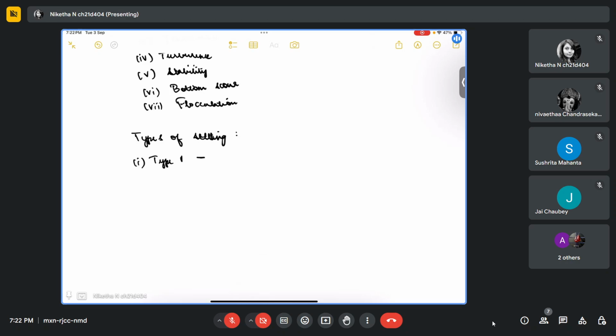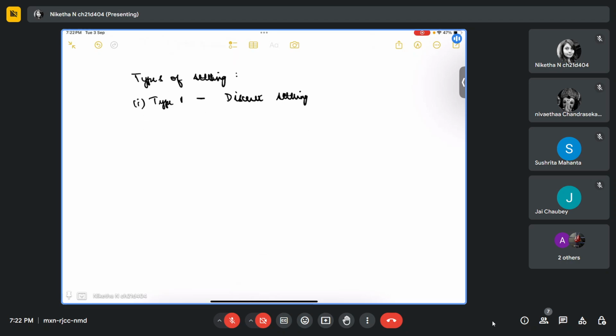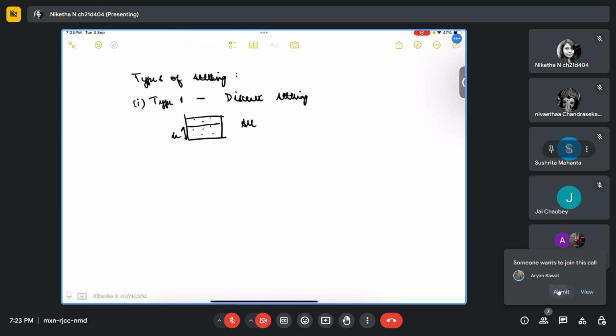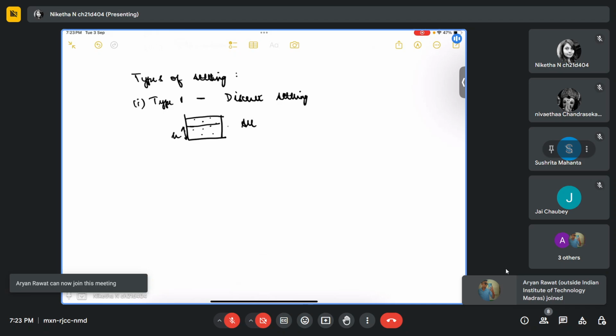Okay, type 1 settling is also called discrete settling. So here we assume that all particles are discrete and all particles are settling down at the same time, I mean all particles which are at the same depth. For example, here I'm taking this depth as h. So all particles which are at a height h from the bottom are assumed to settle down at the same time.